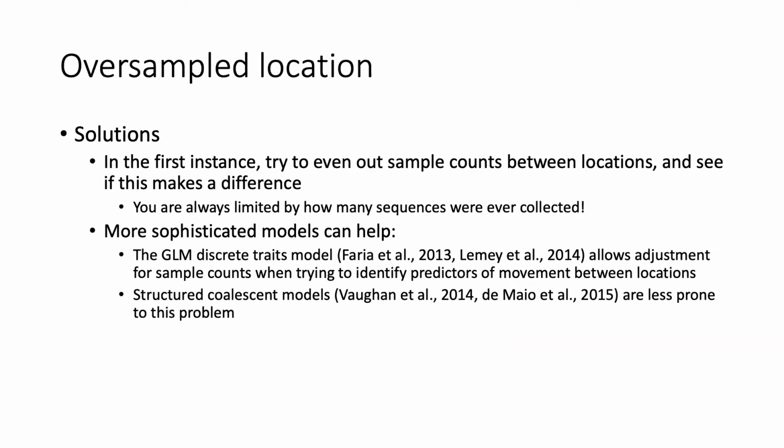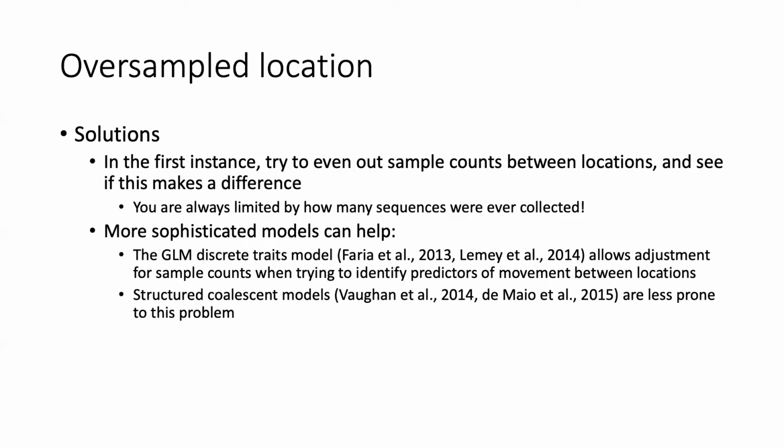There are also more sophisticated models of inference that can help with this kind of problem. So the generalized linear model, discrete traits variant, which gives you predictors of significant demographic predictors of spread between locations or between other populations, allows adjustment for sample counts when trying to identify them.